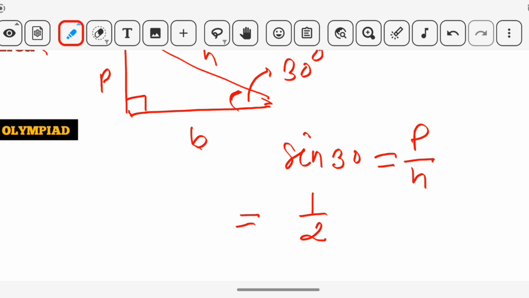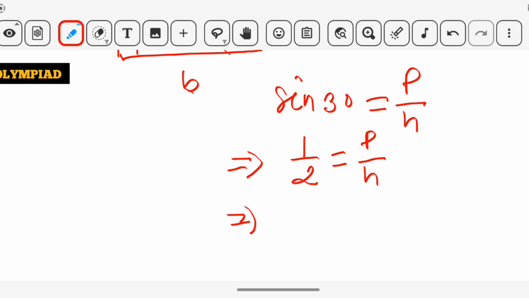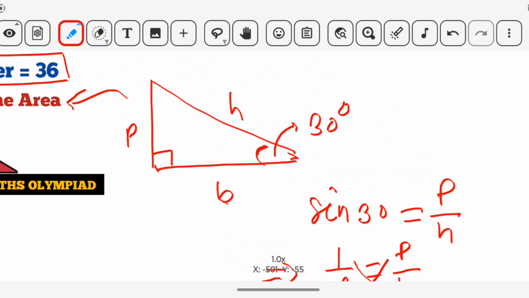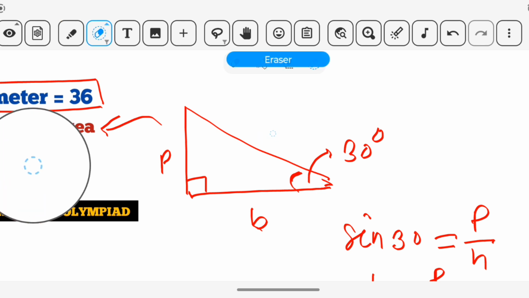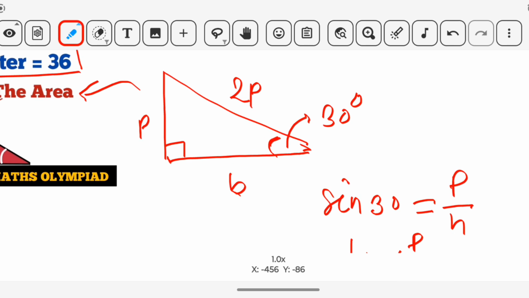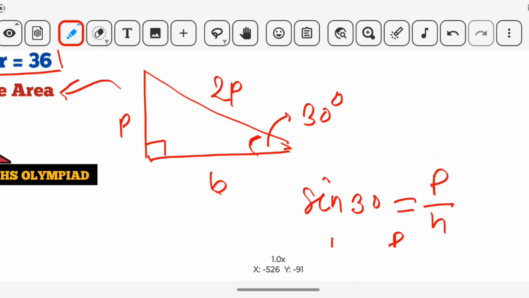That means 1 by 2 equals P by H. By cross multiplication, H equals 2P. Easy. So we have got this equation, H equals 2P. So in the place of H, let's erase it and write 2P, because H equals 2P. So instead of H, we have written 2P.